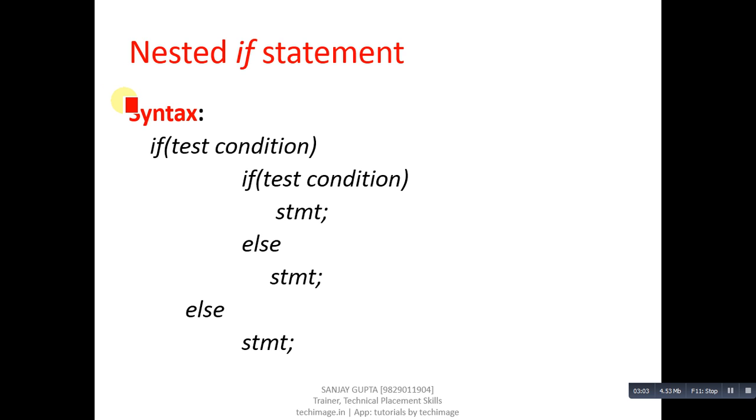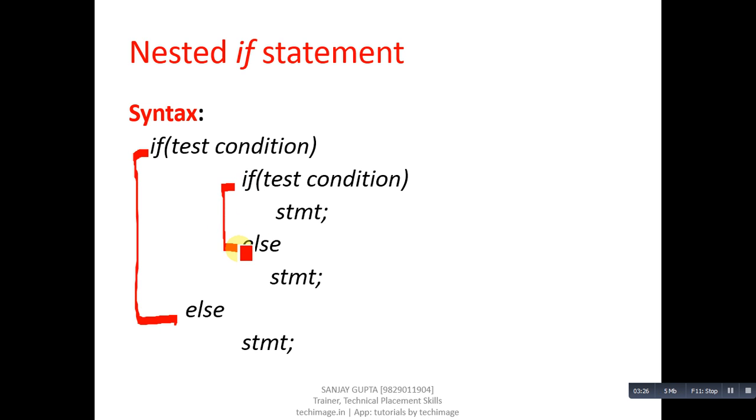Third is the nested if statement. In nested if, we can use more than one if condition. Nested if is used when the first condition is true and we want to check another condition. In this program, this if condition is connected with this else, and this if is connected with this else.